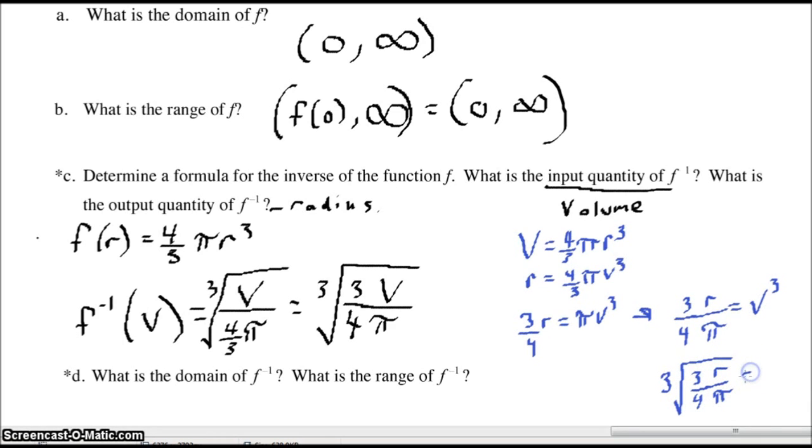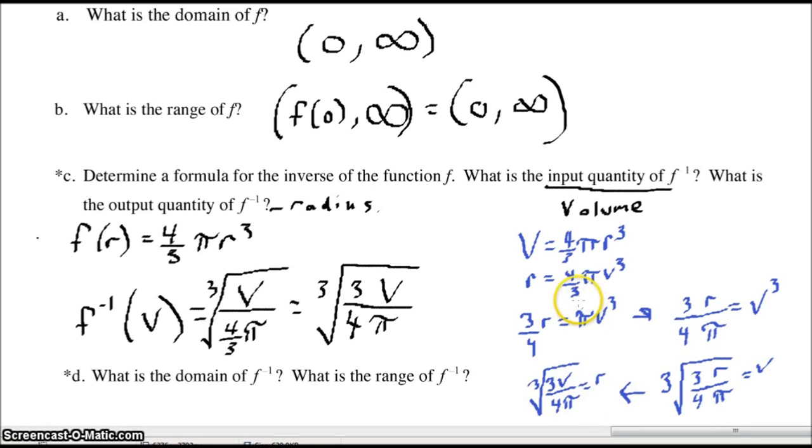And then, this is why that method is really weird, you just have to swap them back. So it has to be the cube root of 3v over 4 pi equals r.